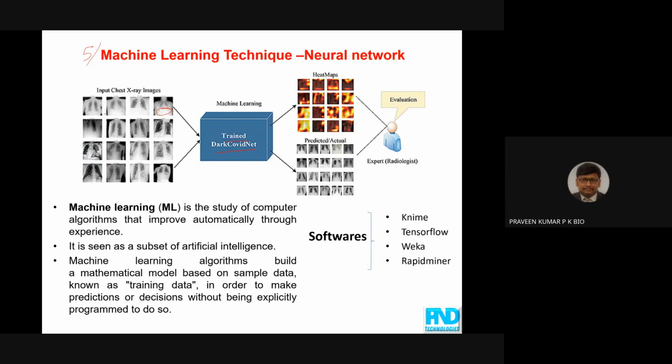Like this, if you get such data, we can find it through the white, black, and gray regions. Even through gray regions, we can identify whether the COVID-19 infection is present or not. This we can determine through a neural network. Not only using white, gray, and black images, whatever images we have, we can also create them in the form of heat maps.